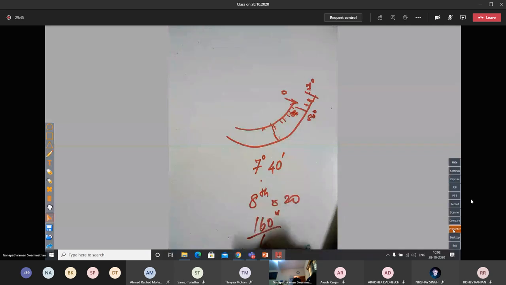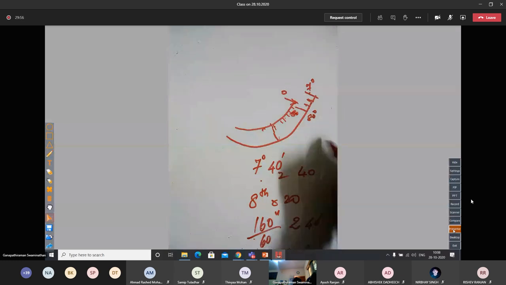Divide it by 60. So if you add 2 minutes and 40 seconds, your reading will be 7 degrees, 42 minutes and 40 seconds. You get the point?